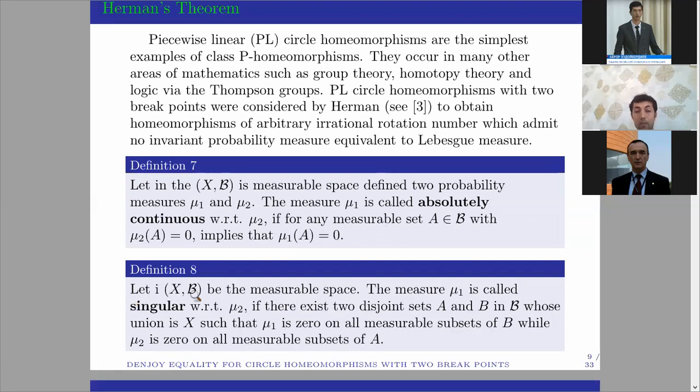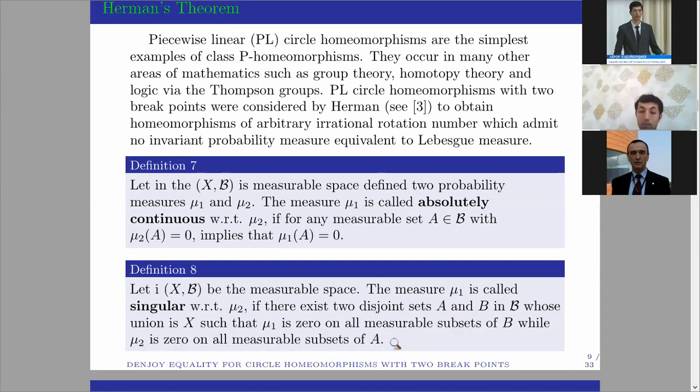Let X be a measurable space. The measure mu1 is called singular with respect to mu2 if there exist two disjoint sets A and B whose union is the whole space, such that mu1 is 0 on all measurable subsets of B, while mu2 is 0 on all measurable subsets of A.